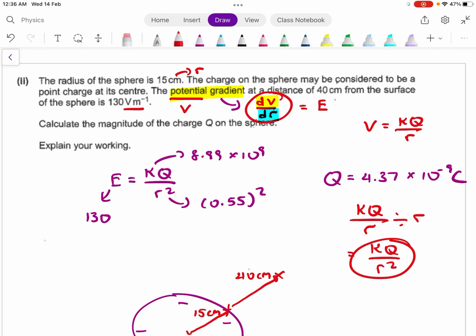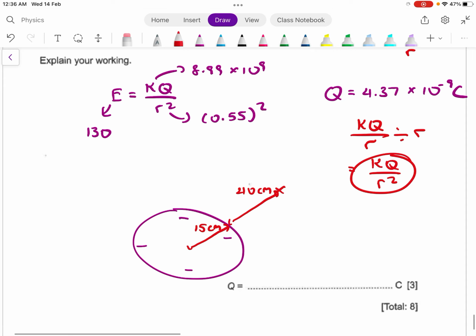So calculate the magnitude of the charge. The electric field at 40 centimeter from the surface is about 130. Since I consider it as a point charge, all the charges emanate from the center. So the total distance from the center all the way to this point is 55 centimeter, meaning 0.55 meter.